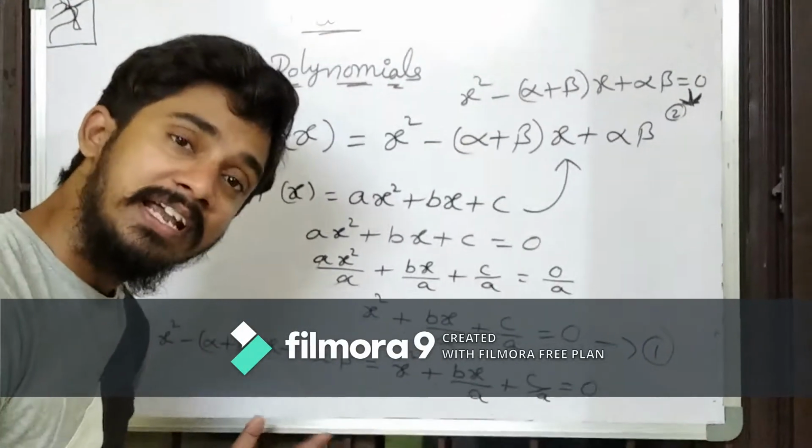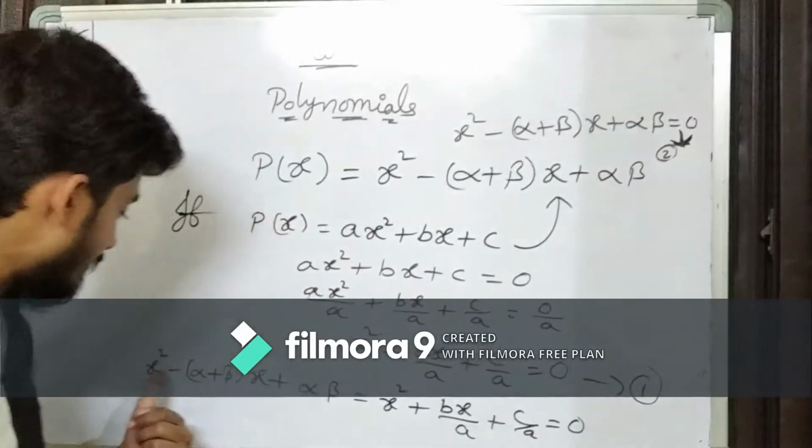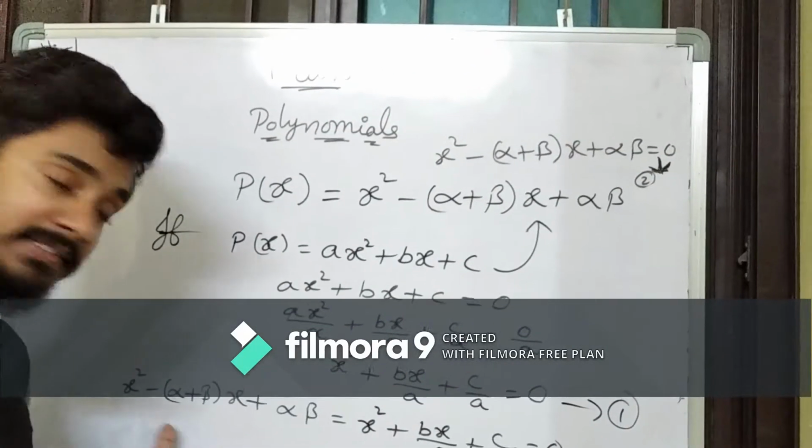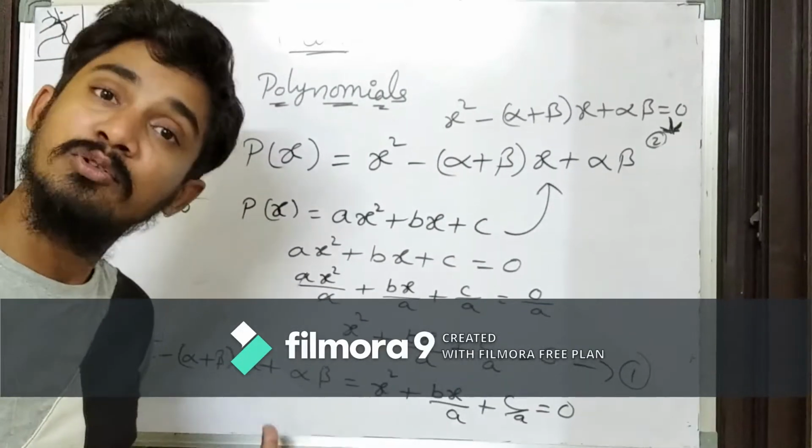Compare the x square coefficient in both sides. The x square coefficient is 1 in the LHS and 1 in the RHS. Both are equal.